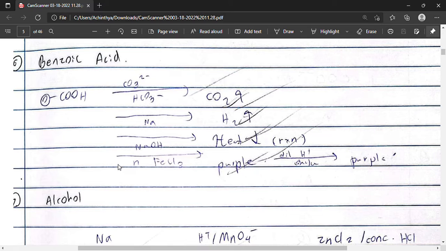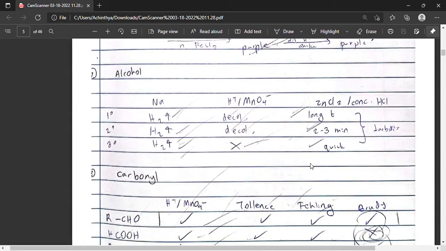And by adding neutral ferric chloride, just like with phenol, it produces a purple color. But that purple color, it disappears if we were to add dilute acid and shake it. No, actually it doesn't disappear. That happens in phenol. In benzoic acid, the purple color remains even when we add dilute acid and shake it.